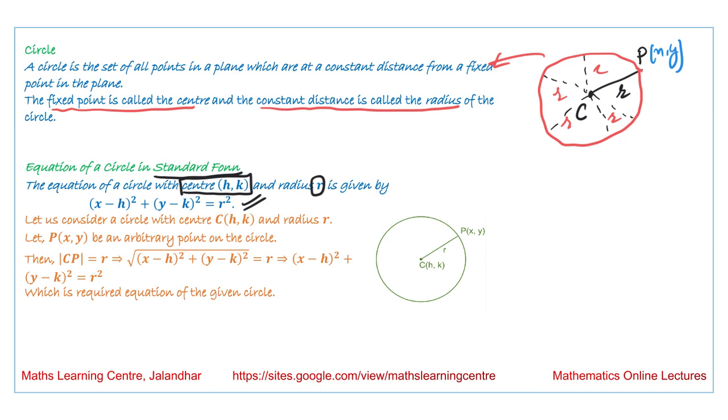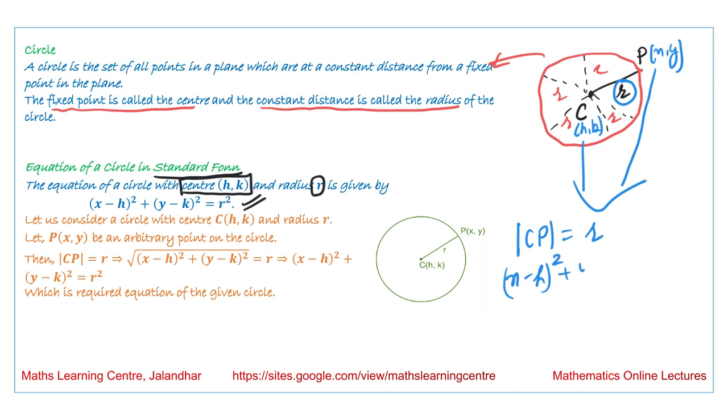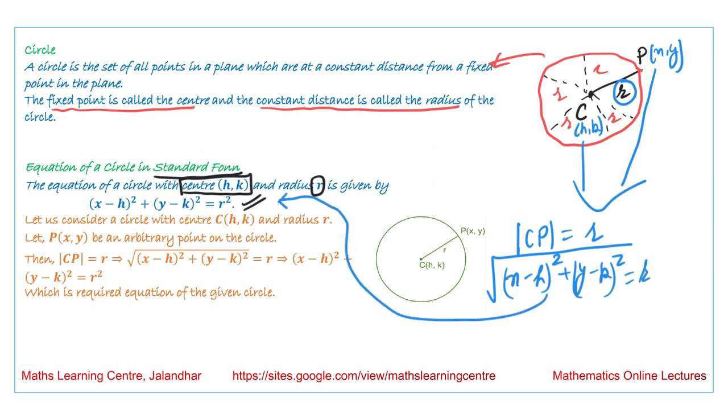The center C is at (h, k), and the distance between the points C and P is r. Using the distance formula, we obtain that this length CP is equal to r. So we obtain the square root of (x minus h) squared plus (y minus k) squared. This will give us the distance that is equal to r. So this gives us the equation of the circle, that is the locus of the points satisfying this equation.